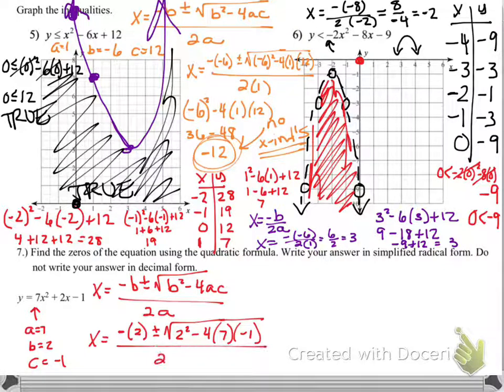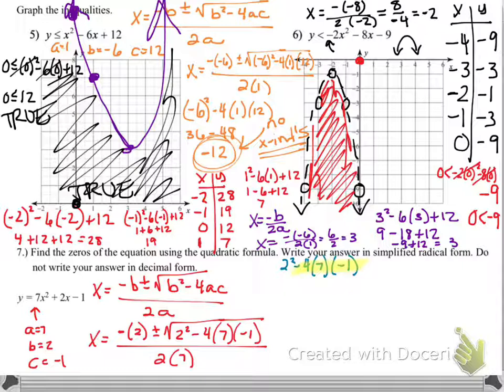all over 2a. And when I do this, I'm going to simplify my discriminant first, because that's what Miss Riddle told me to do, so I'm going to follow her directions. 2 squared minus 4 times 7 times -1. And I need to look at this part first, and then the 2 squared second.